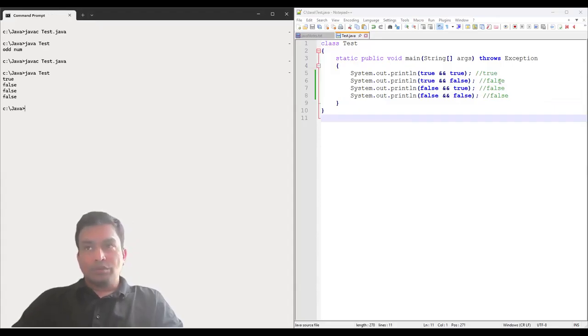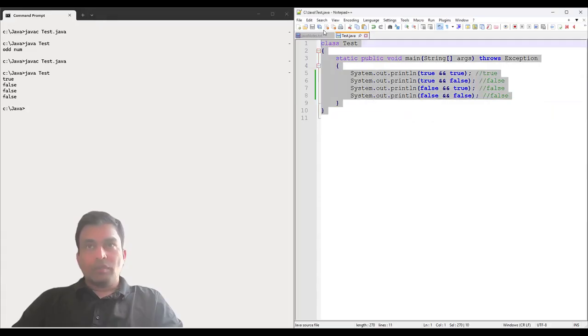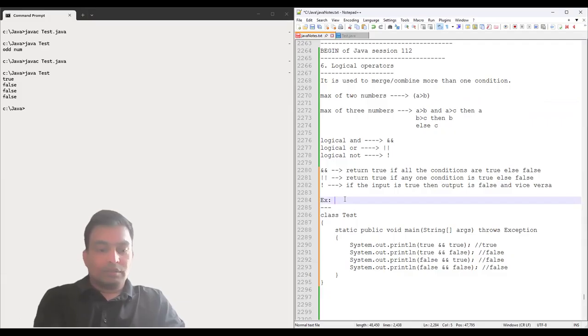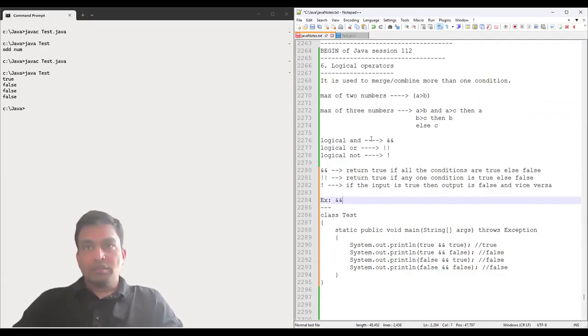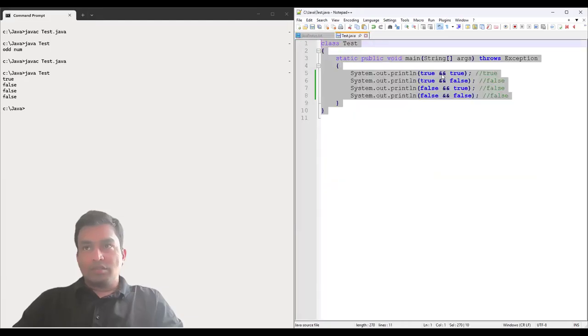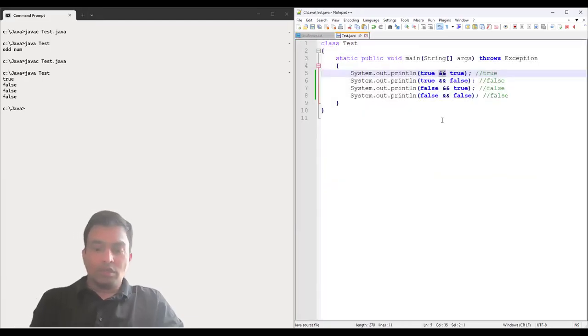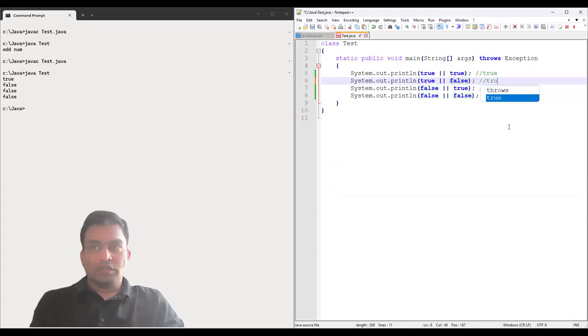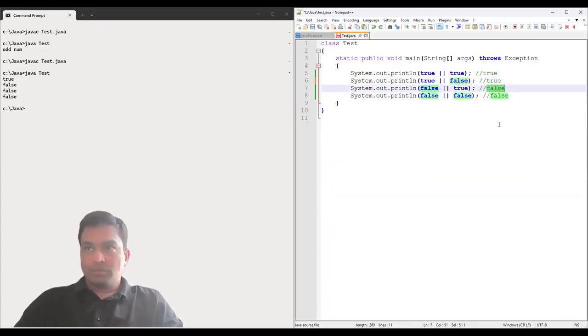So first is true, the rest of them are false. And this is an example. Now let's change this to logical or. So like we discussed, if one is true, then logical OR is true. So only this falls in the last case.